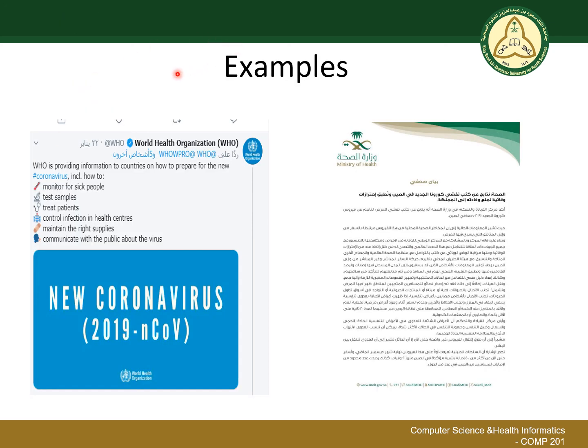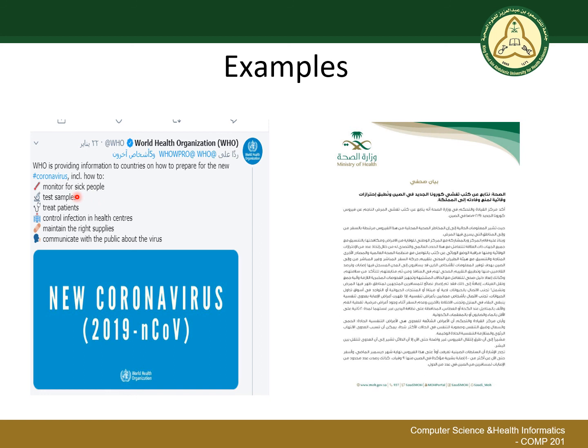So here we have some examples of syndromic surveillance. This is from the World Health Organization, and this is from the Ministry of Health. The World Health Organization حاليا they provide information to countries on how to prepare and take precautions for the new coronavirus, COVID-19, and they give guidelines to prevent and prepare for the spread of the virus.